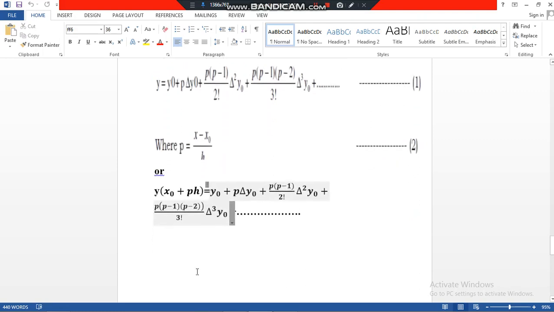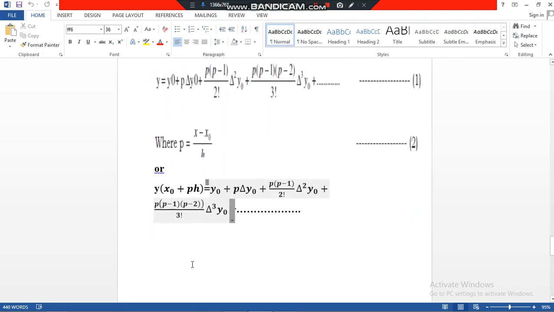Now suppose we have to calculate the first derivative of the function, then we have to differentiate this series with respect to p on both sides of the equation. First of all we differentiate this function, so differentiation of this gives y dash x naught plus ph, and when we differentiate x naught plus ph with respect to p we get h.